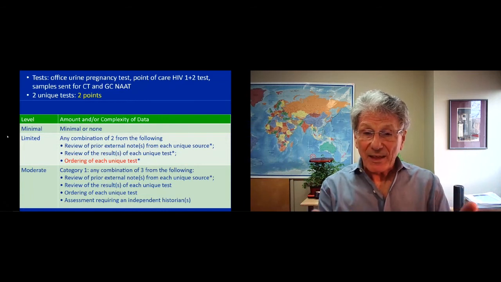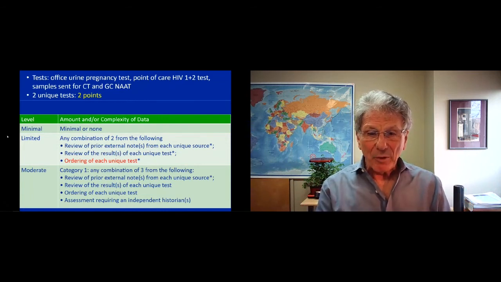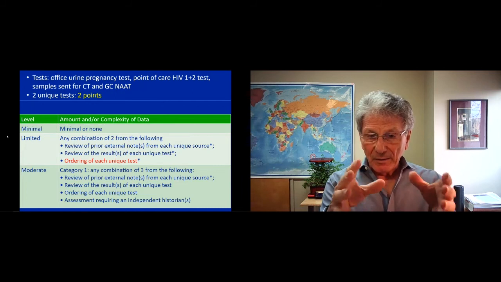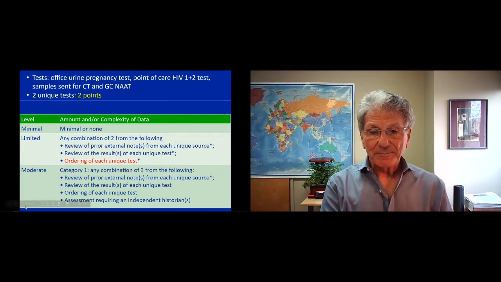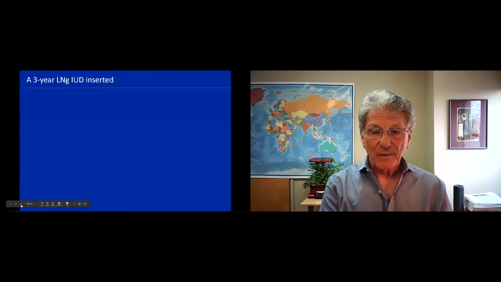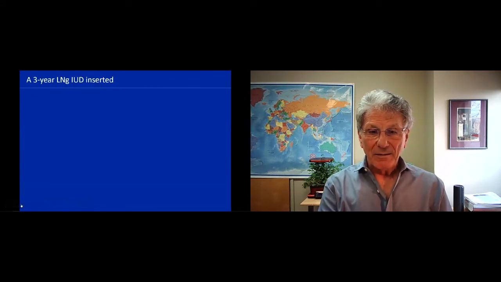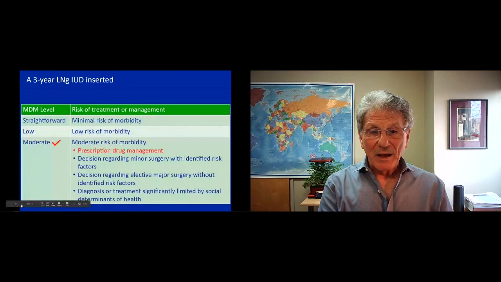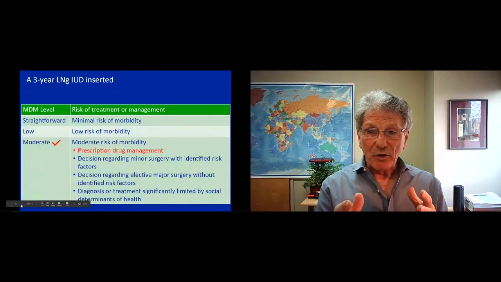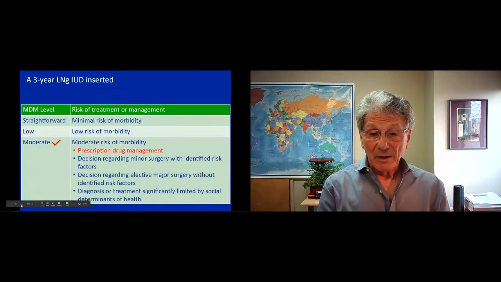Since that is the case, we can't count them as unique points in this middle column. Now, the third column, remember, has to do with the risk of complications. And because her IUD is considered to be a prescription drug, that fits in the moderate category.